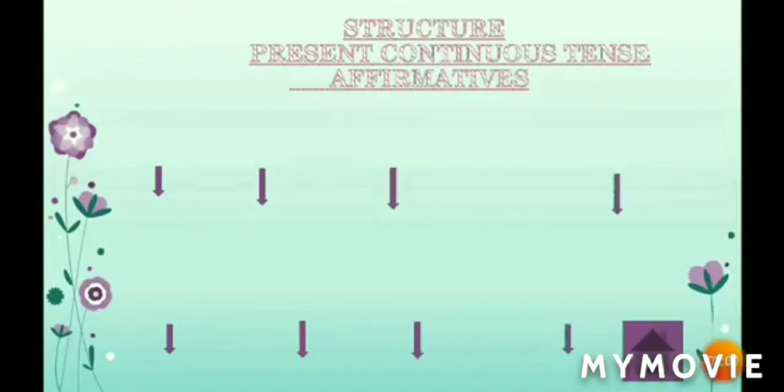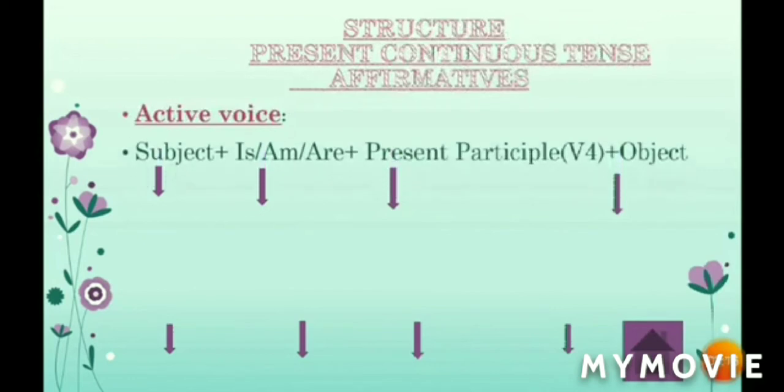Let's focus on structure for better understanding. Present continuous tense, affirmatives. Structure of the active sentence: subject plus is or am or are plus present participle, that is the fourth form of the verb, plus object.